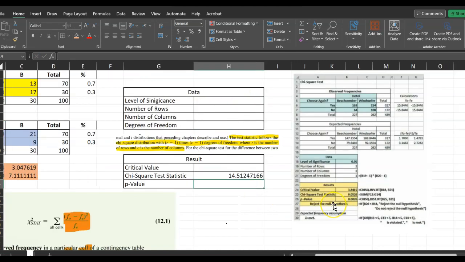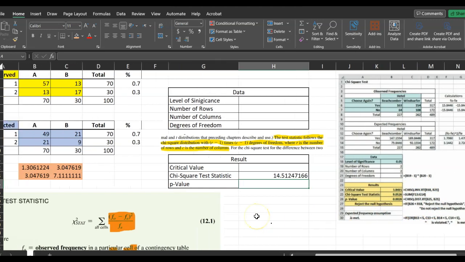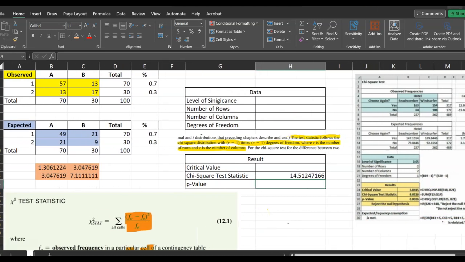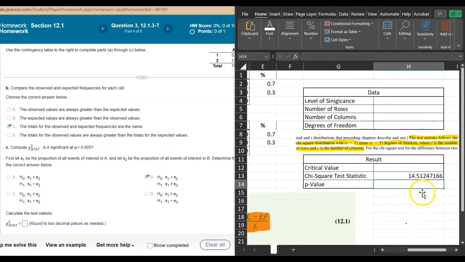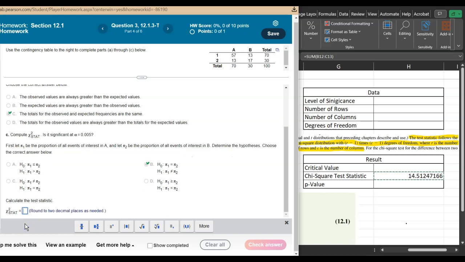By the way, I'm using this table as a reference from your book. This is probably the last page of the section, and you have all the formulas in case you want to go back and see in detail. Okay, so let's go back. We get our chi-squared test statistic of 14.51, paste it there, and round to 2 decimal places.